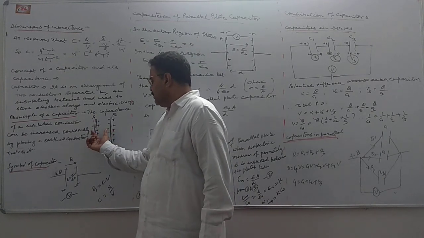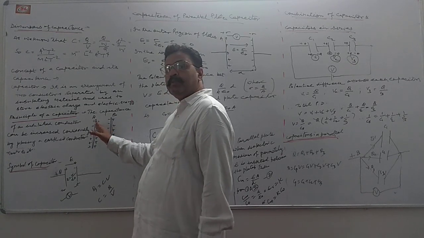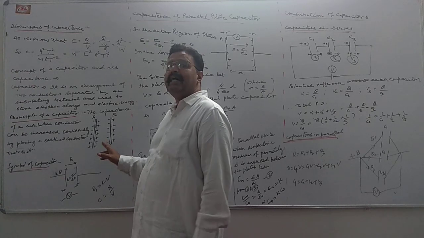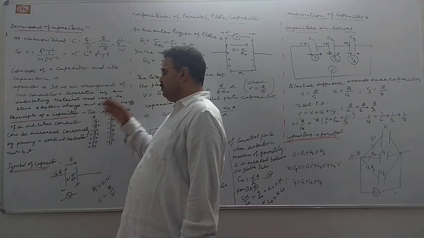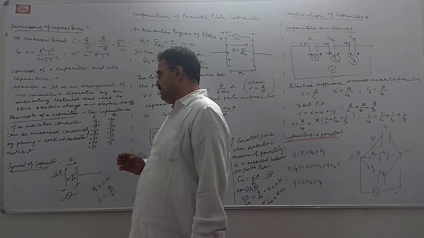Therefore, the potential of plate A will be decreased, so we can give some more charge to plate A, and in this way we have increased the capacitance of this conductor.